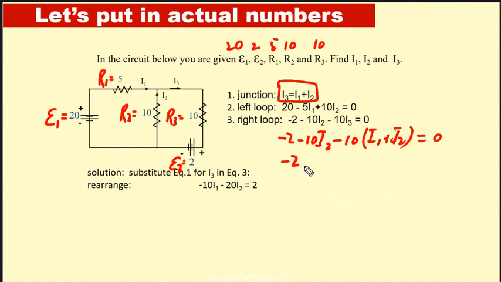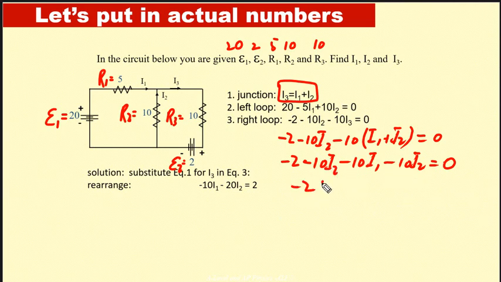So you can see this is minus 2 minus 10i2. If we solve this one, we will get minus 10i1 and minus 10i2. If we just simplify this one, you can see we have minus 10i2 minus 10i2.